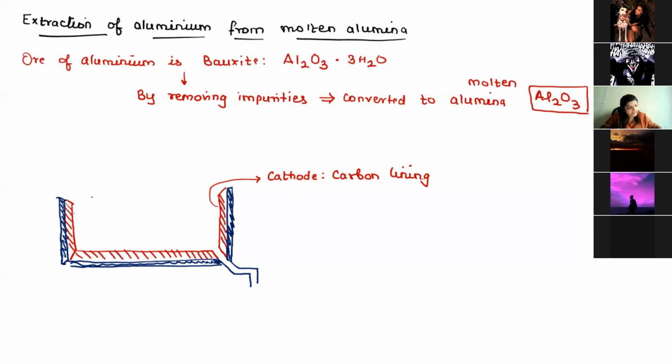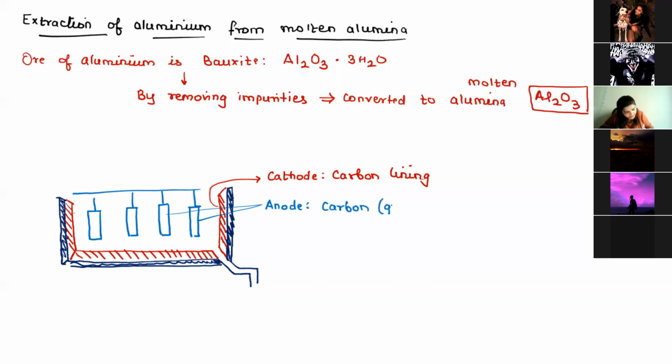Okay. Then there are anodes which are placed over here, but the anodes are made up of rods, carbon rods, graphite. So the anode is made up of carbon graphite rods.